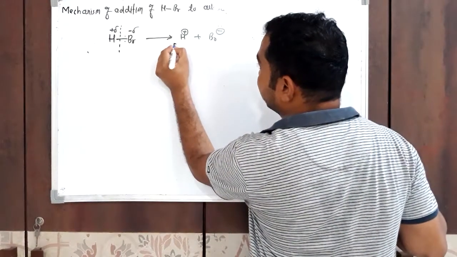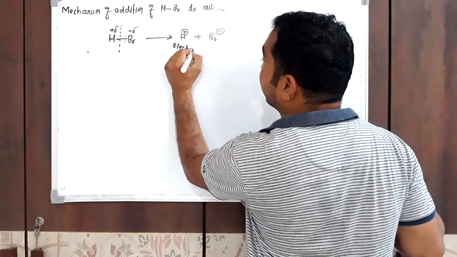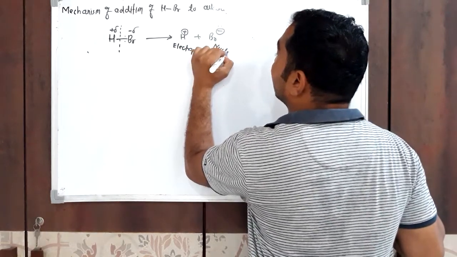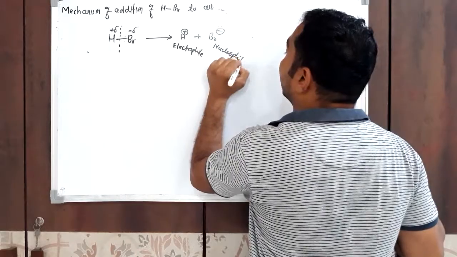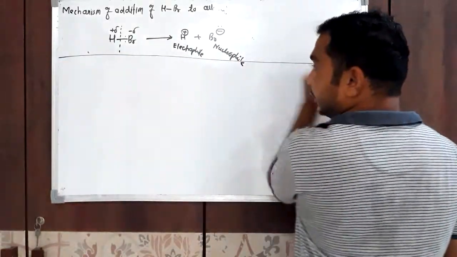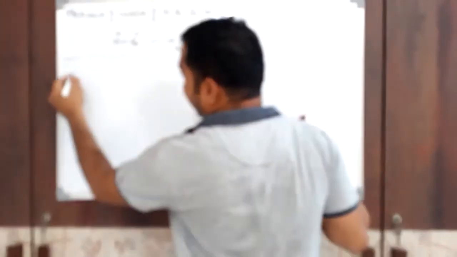H plus means electrophile, and Br minus is nucleophile. Okay, this happened initially, and then step 1.